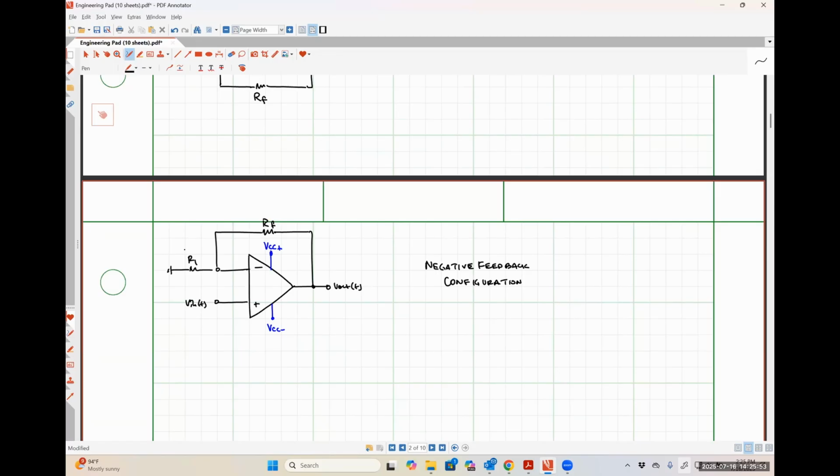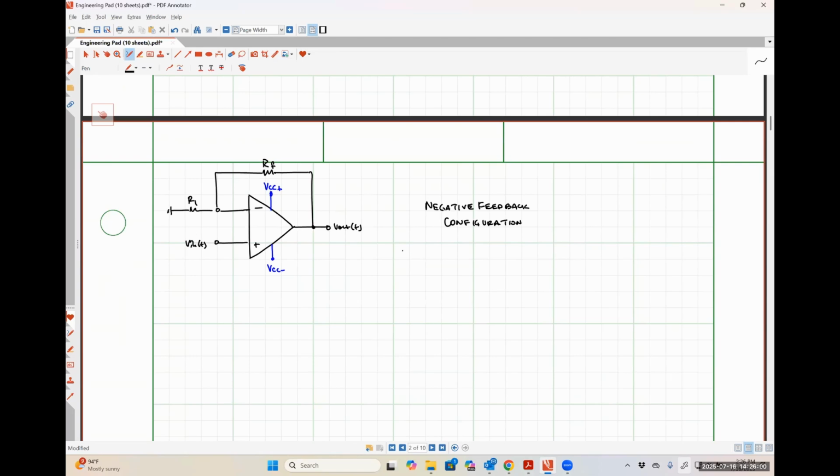So I want to talk about those two op-amp rules with you guys really quickly. These are what are called the ideal op-amp rules. For what it's worth, they can be applied to almost 100% of negative feedback op-amp circuits because negative feedback makes the amplifier act very, very close to an ideal op-amp.